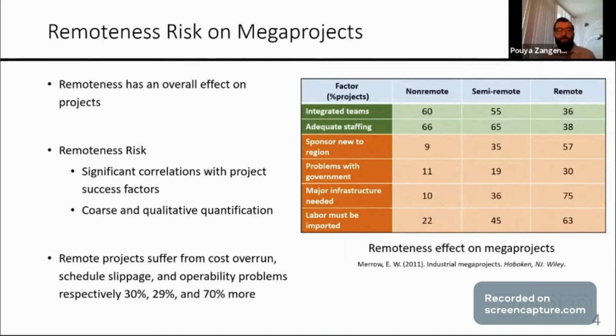The remote projects were shown to have suffered from cost overruns, schedule slippage, and operability problems 30, 29, and 70% more, which is a high difference.